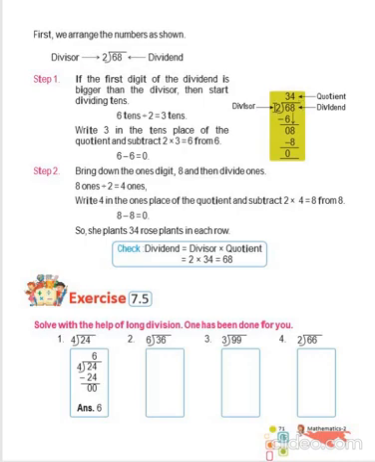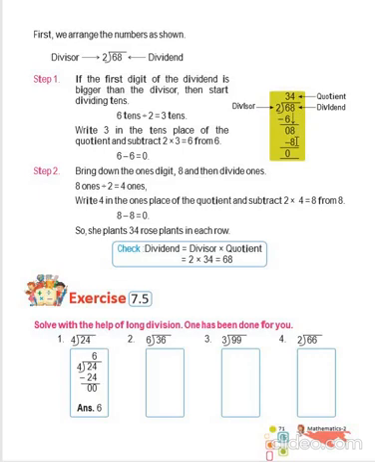If the first digit of the dividend is bigger than the divisor, then start dividing tens. 6 tens divided by 2 is 3. So 6. Then we will subtract it. The answer will be 0. Then we write this 8. Again we will do 8 divided by 2 will be 4.